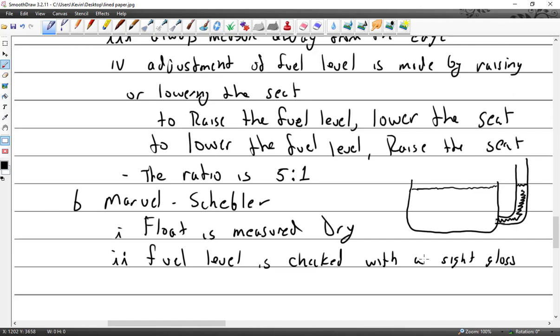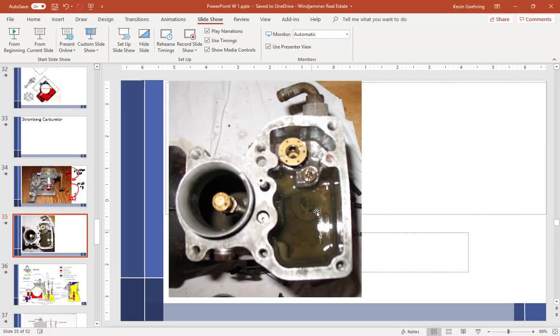Is that what that extra port is for? Yes and no. So what is this extra port for right here? Well, number one, you can put a sight glass. Number two, see all that nastiness down there? It's disgusting.